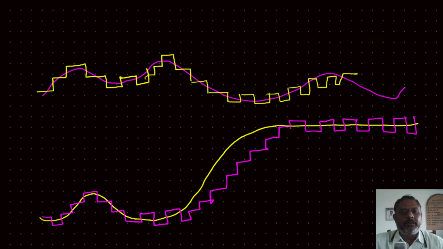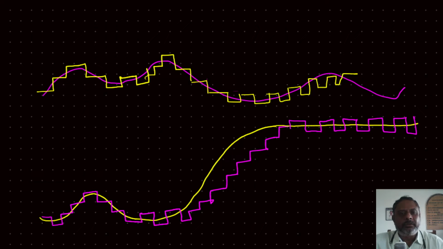Here, this pink one is our analog signal and the yellow curve is the approximated version of it, given by the delta modulation. So here it says +1 +1 -1 -1 +1 -1 +1 +1 +1 -1 -1 -1 and so on.